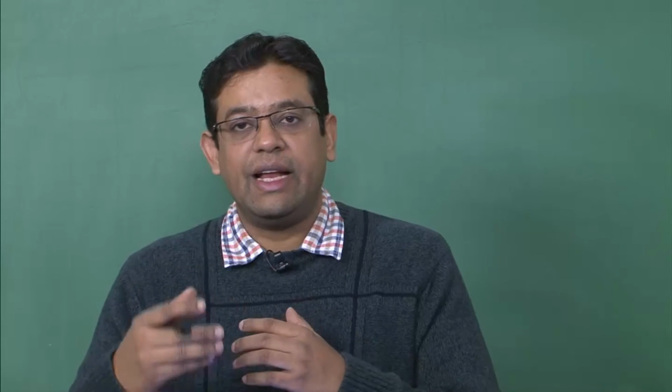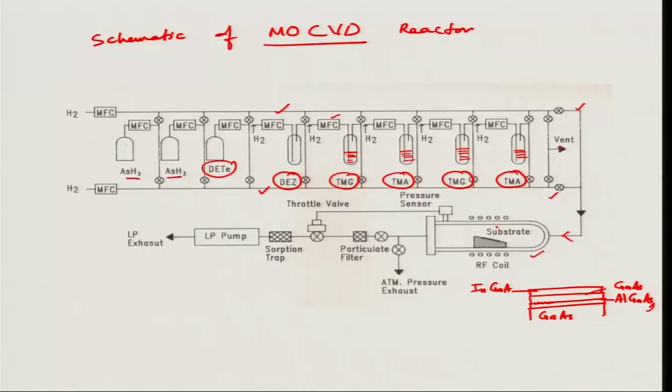What happens? It avoids any sudden changes in the flow pattern. The flow pattern inside the reactor remains exactly the same. It only sees the change in composition, and sometimes these deposition times for these films can be 2 or 3 seconds or less than that.